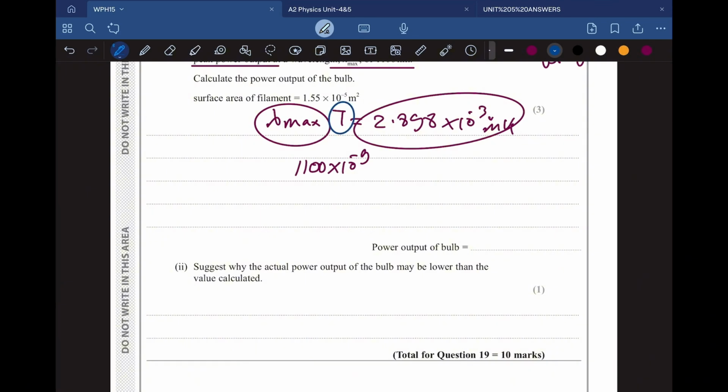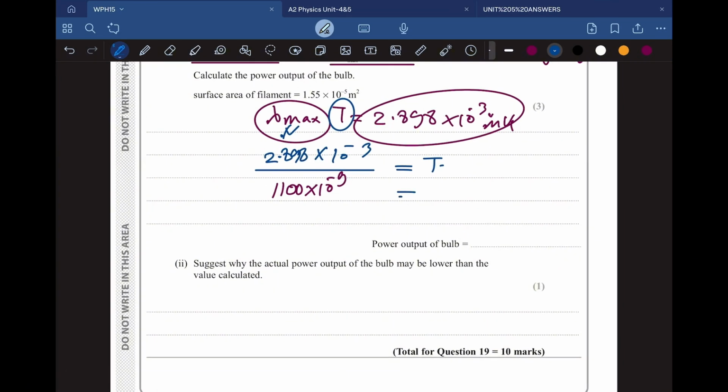The temperature will be just equal to 2.898 into 10 to the power minus 3 divided by this lambda max value, and that value of the temperature will be equal to 2635 Kelvin. Okay, we have got the temperature value.